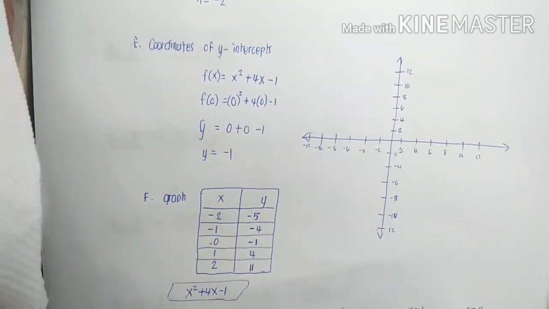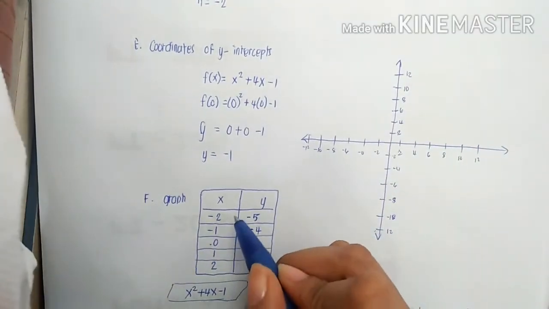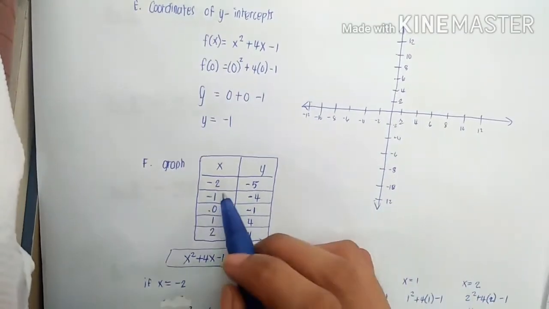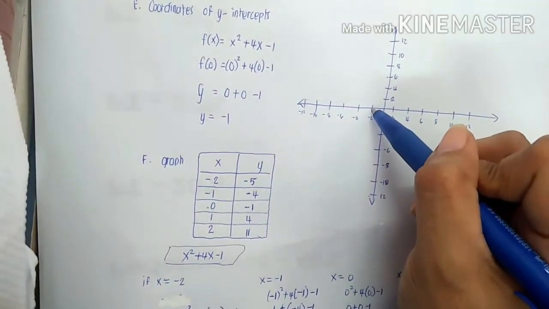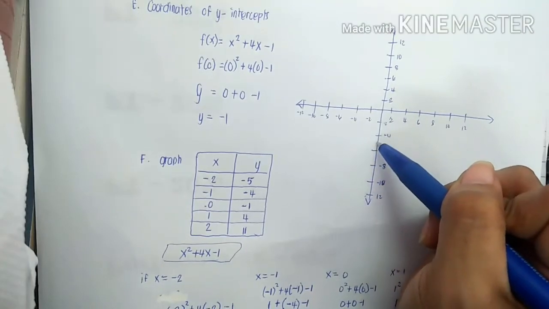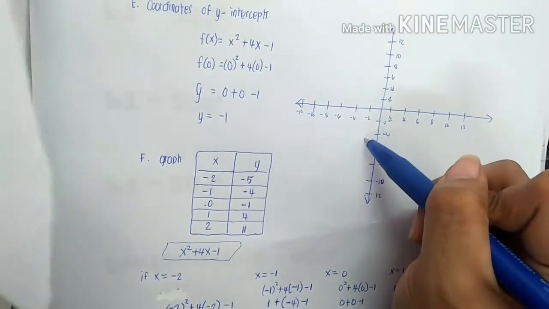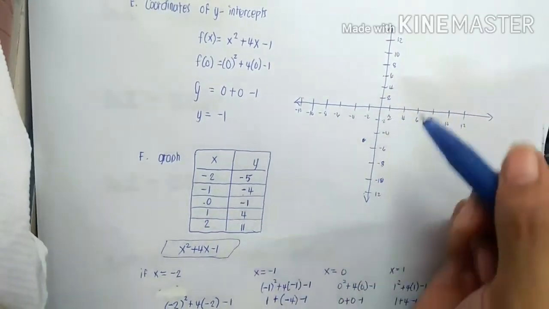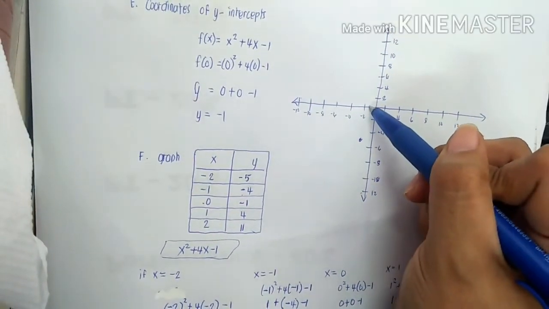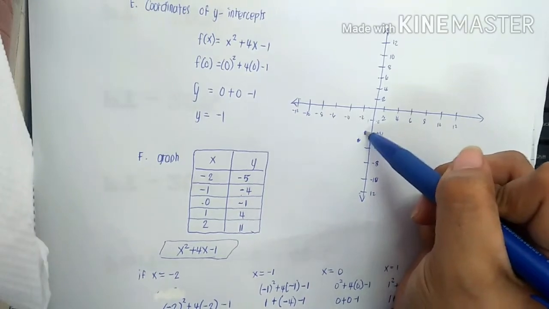The last step will be graphing. So all we need to do is to use the values that we get. So negative 2 and negative 5. So negative 2, then going down, it is 5. So here. Next, negative 1 and negative 4. Negative 1 here and negative 4. So there.